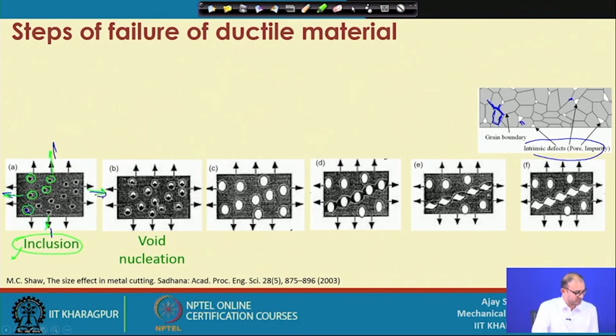Wherever there is a high load, your workpiece will be elongated in this direction. This white portion is the extra amount of failure. Now your workpiece is getting elongated in this direction.